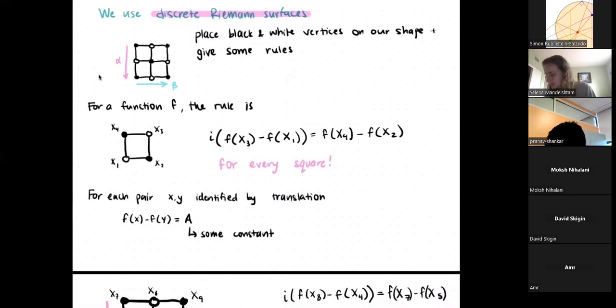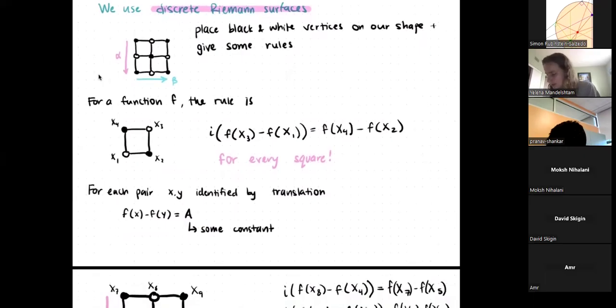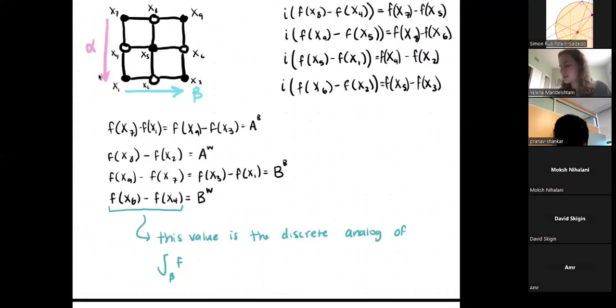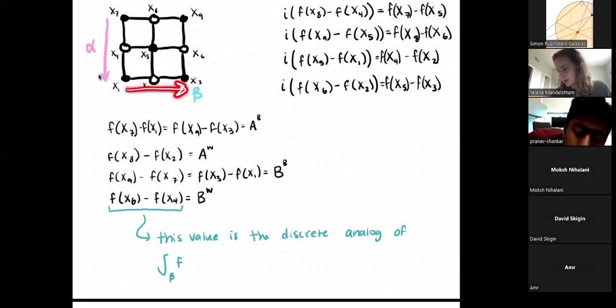And in this case, where two points are identified by translation and I take their difference, that has the same function as the periods. So it's the discrete analog of these integrals that I described earlier, where I integrate a function, and here that function is f over a period, which in this case is, I guess, a relationship between two identified vertices.